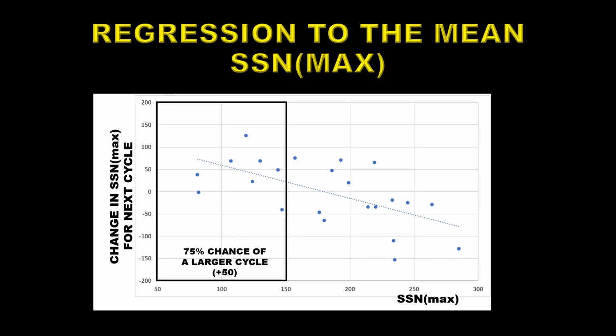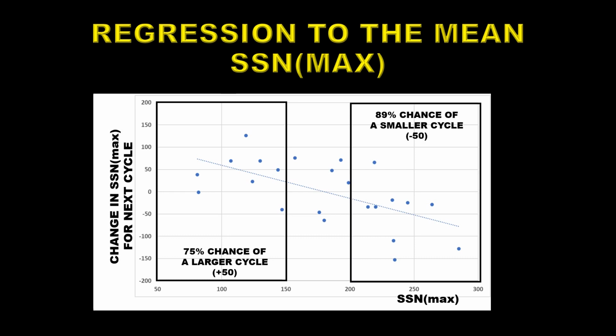So we could say, if we forecast something less than 150, you would expect the next cycle to be larger. If something over 200, you'd expect the next cycle to be smaller. And this line would define by how much. We put in solar cycle 24, and that gives us a difference of plus 50. Solar cycle 24 was 120, and 120 plus 50 is 170.